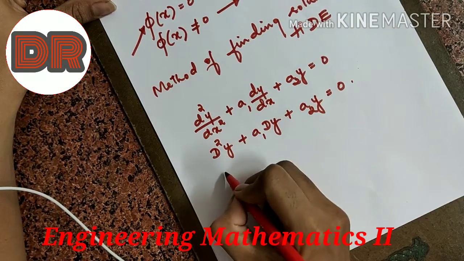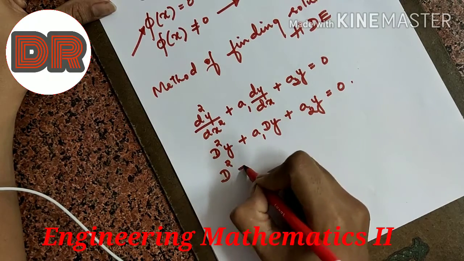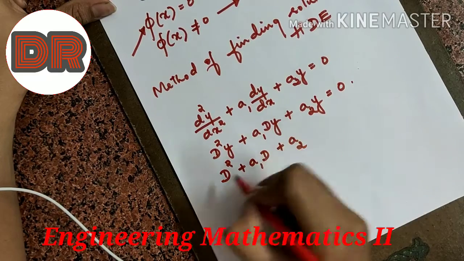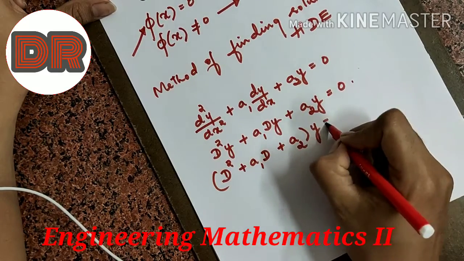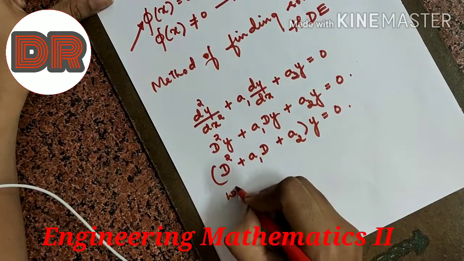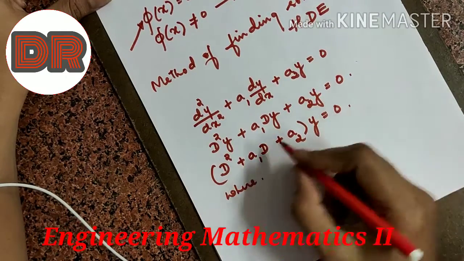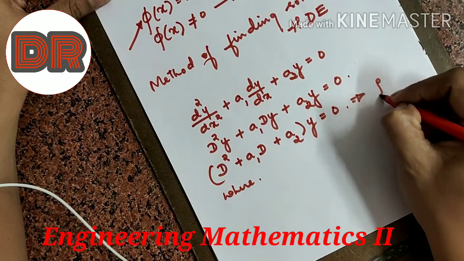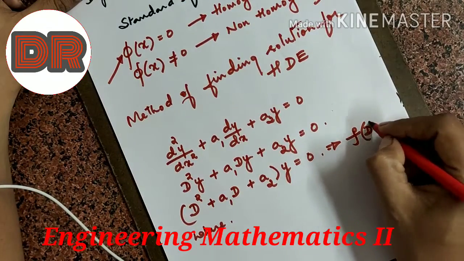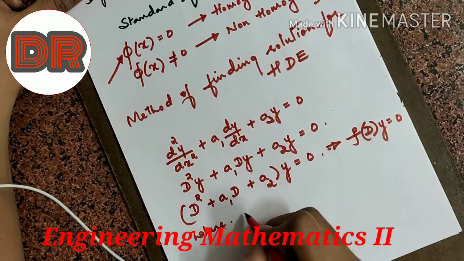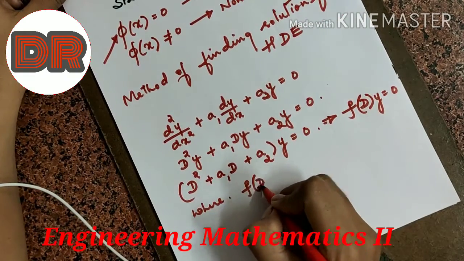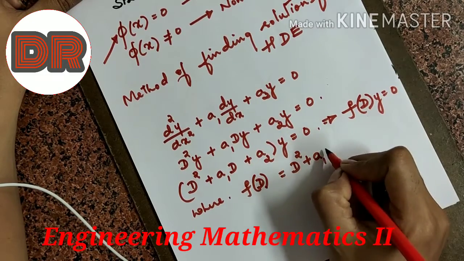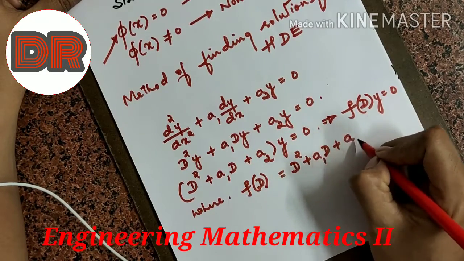Now I'll simplify this. So we have (d square plus a1d plus a2) into y is equal to 0, where this same equation can also be written as f of d y is equal to 0, where f of d can be taken as d square plus a1d plus a2.